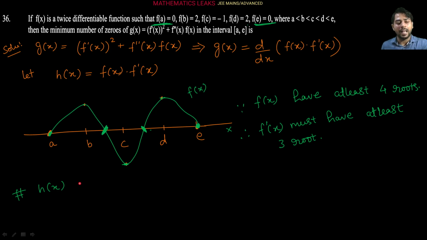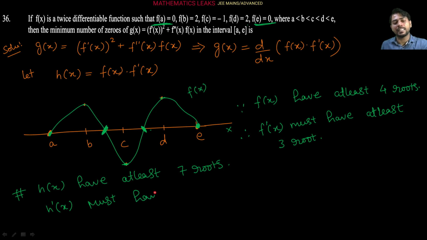So h(x) has at least 4 roots from f(x) and 3 roots from f'(x), so at least 7 roots. Since g(x) is the derivative of this, h'(x) must have at least 6 roots. So this is our answer.